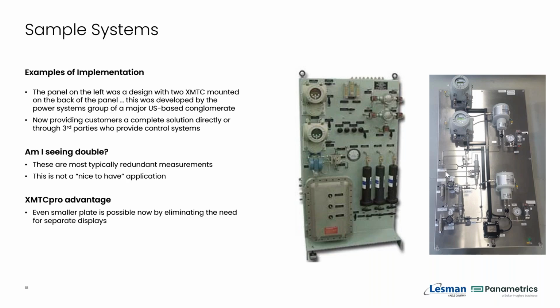Now, given that we're going to an integral display on our transmitter, you would now have the display right on the transmitter itself. You would not need the displays in the upper left-hand side on that plate. And in theory, you can make this plate almost half the size that it was originally designed for.